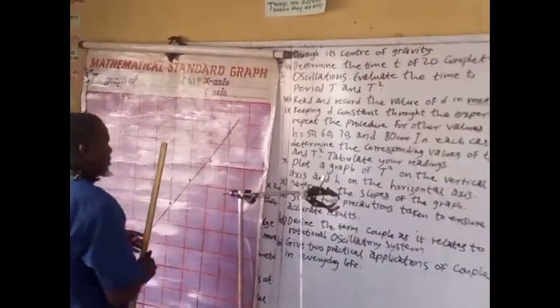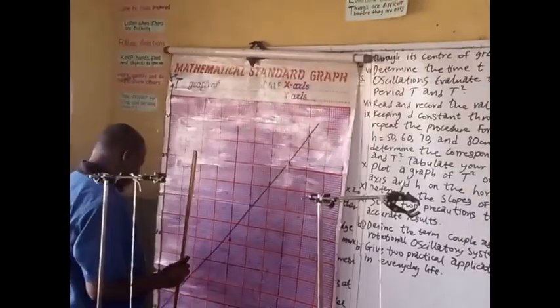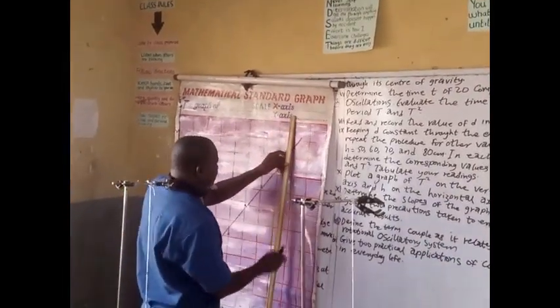Before we can calculate the slope, we are going to draw a very large right angle triangle.